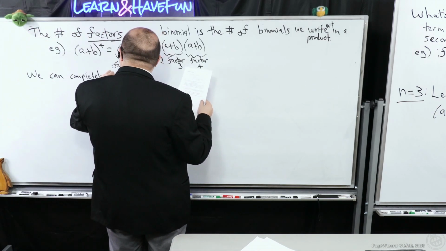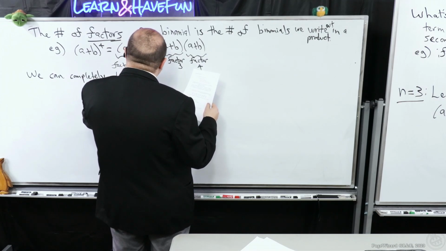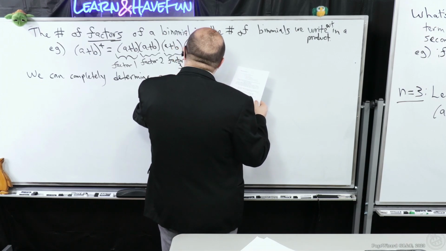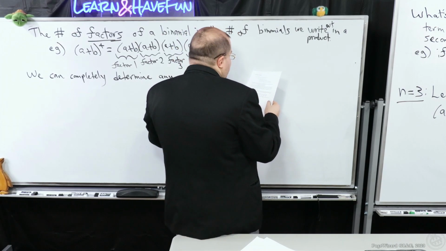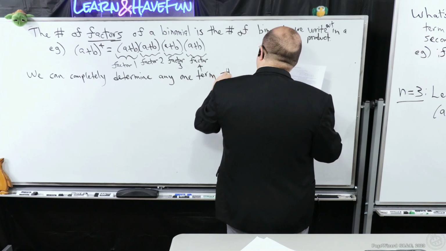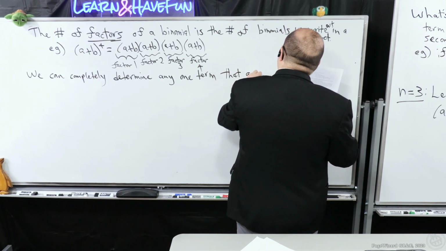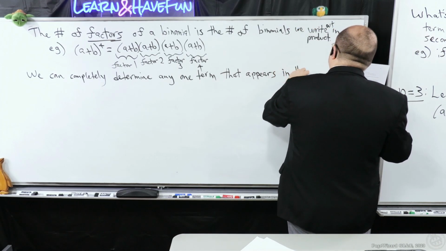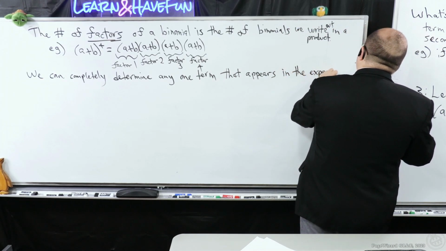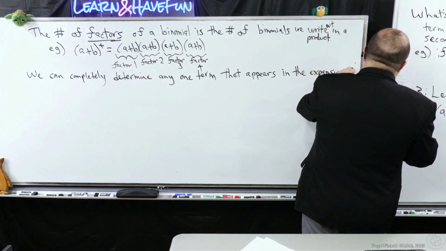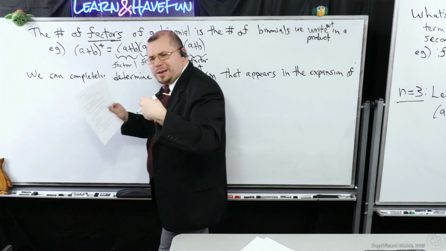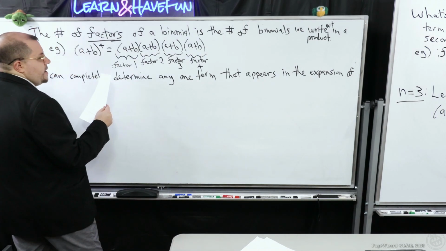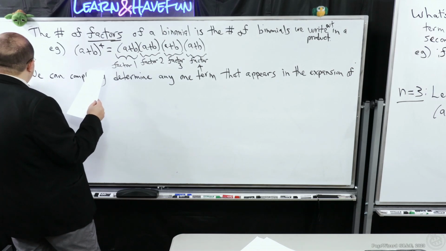We can completely determine any one term that appears in the expansion of products, just like in our n is equal to 3 case. Remember, we're summing a bunch of products.